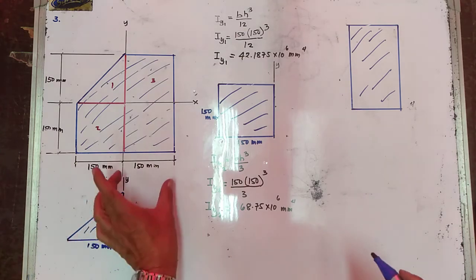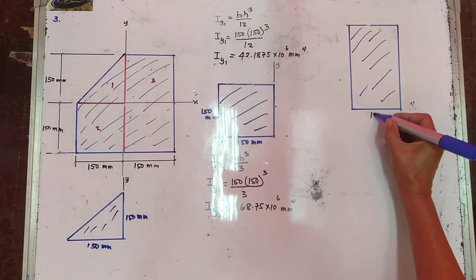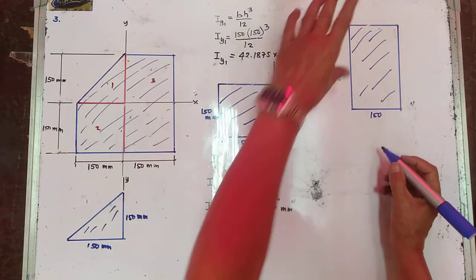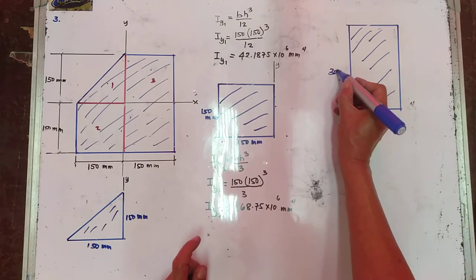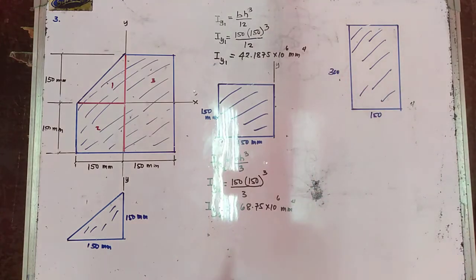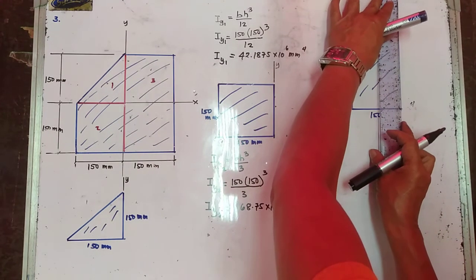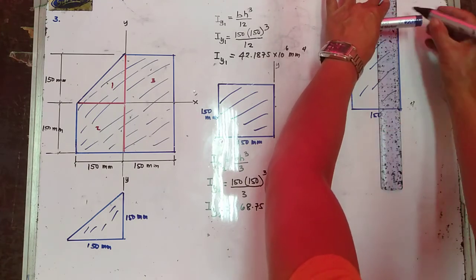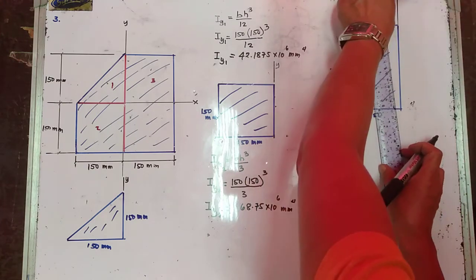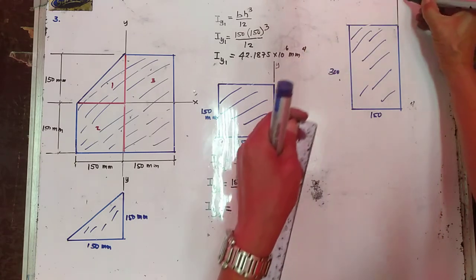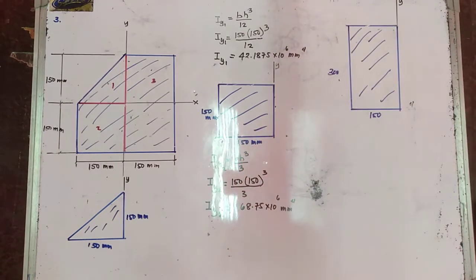So, we have 150 mm, and this is equal to 300 millimeter. Now, again, this is now the y-axis.